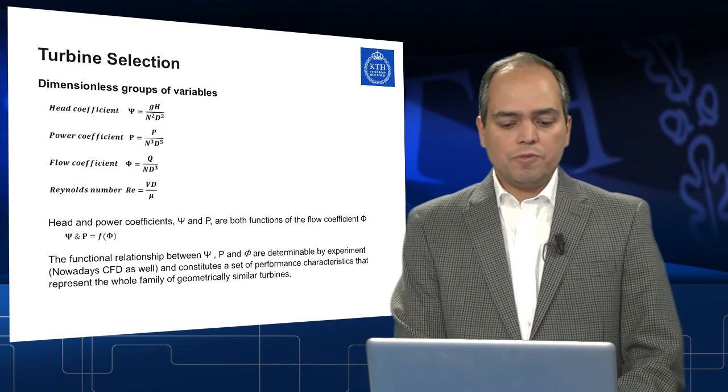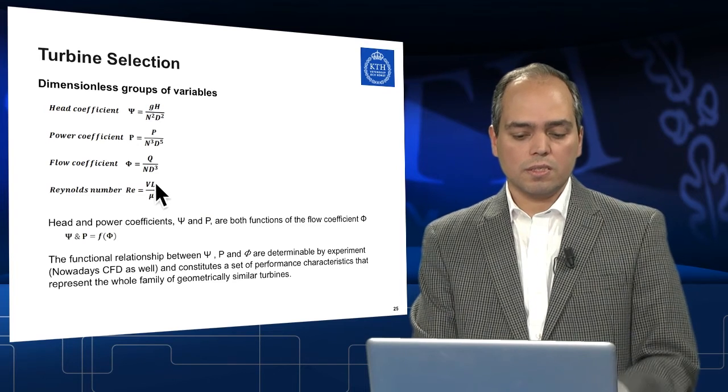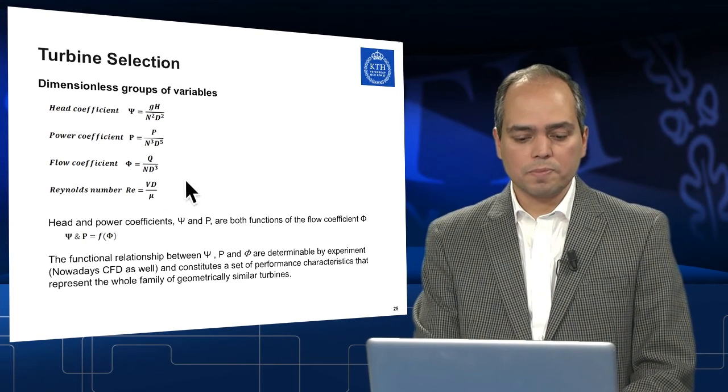So here you can see 4 different dimensionless groups of variables are defined. It's psi, P, phi, and Reynolds, and they each correspond to one parameter of a turbine. So psi is the head coefficient, P is the power coefficient, phi is the flow coefficient, and Reynolds is the Reynolds number as it is defined in fluid mechanics.